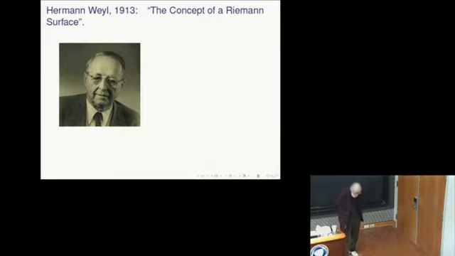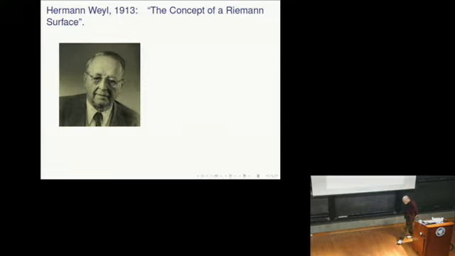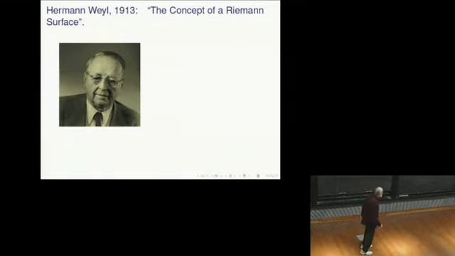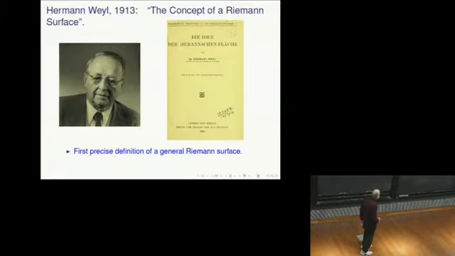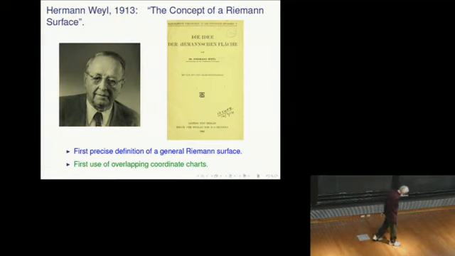Well, I've been using the term Riemann surface, but in fact, it wasn't very clearly defined in the 19th century. Riemann started with some sort of equation and took some germ of an analytic function, we would say now, and looked at all possible analytic continuations and somehow fitted them together into a surface, but the definition was rather vague. And Hermann Weyl was the first to give a clear, precise definition of what a Riemann surface is in terms of overlapping coordinate charts.